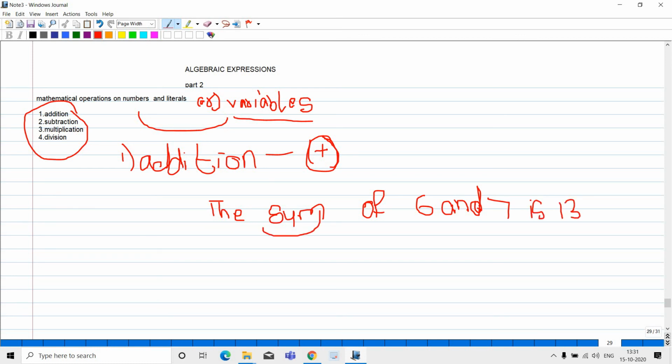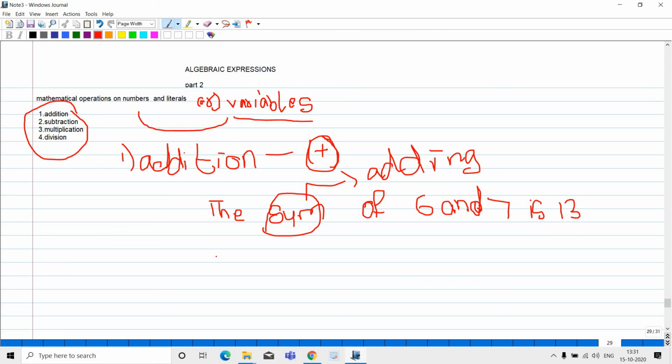Here sum means we're adding them. Add 6 and 7 here. That is the question. Sum means adding. So the sum of 6 and 7 is 13.